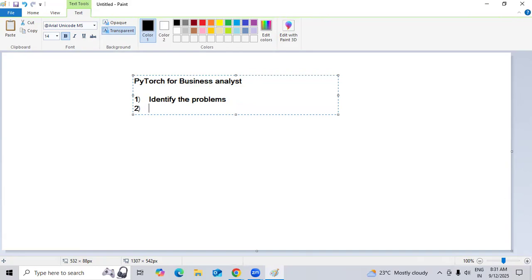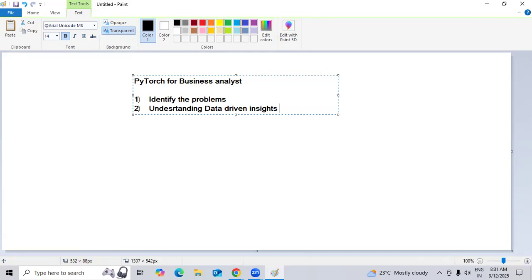Second, as a BA, when we are working, we need data-driven insights. This is possible because the models we use with PyTorch are trained in such a way that the large volume of customer, claims, or policy data can all be used.